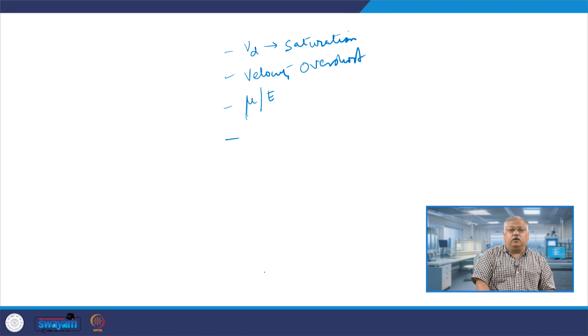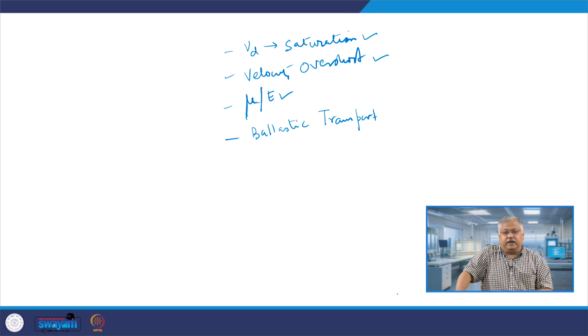Then finally, we worked on the mobility versus electric field, velocity overshoot, VD saturation, and the last one was ballistic transport, right. It is a topic of research which is going on, and people are working on how to make the ballistic transport work properly. So, these are a few domain areas where people are still working.